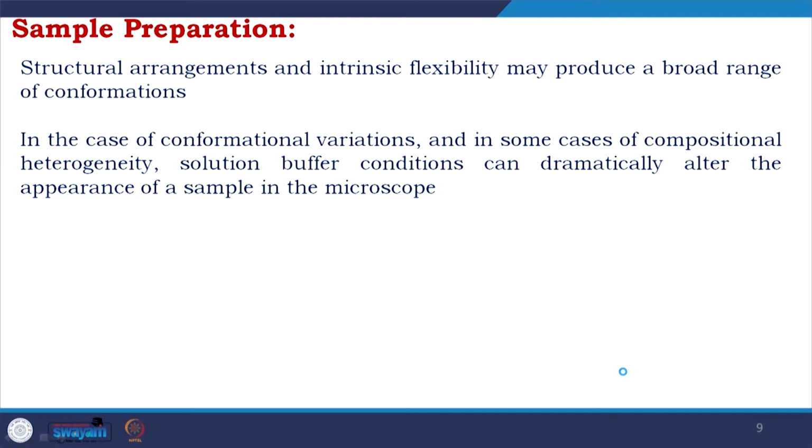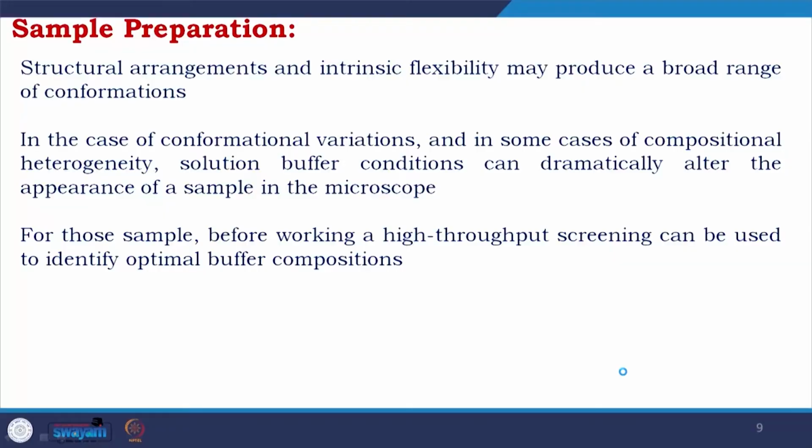So, in those conditions, to bring the homogeneity, which is a critical condition to make the cryo-electron microscopy experiment successful, you have to screen with different buffers and you could see dramatic changes in the homogeneity profile of the protein. For those samples, before working, a high throughput screening can be used to identify optimal buffer compositions.